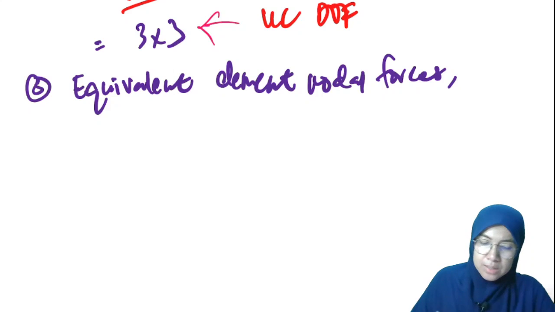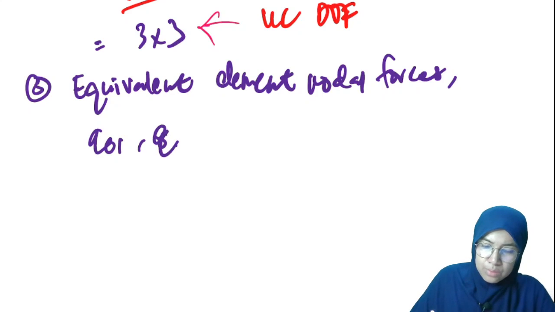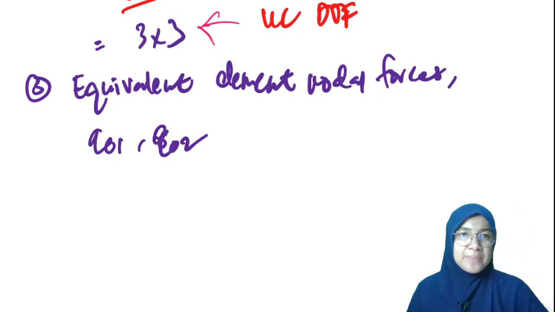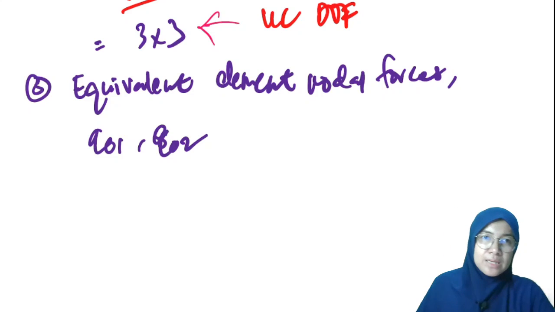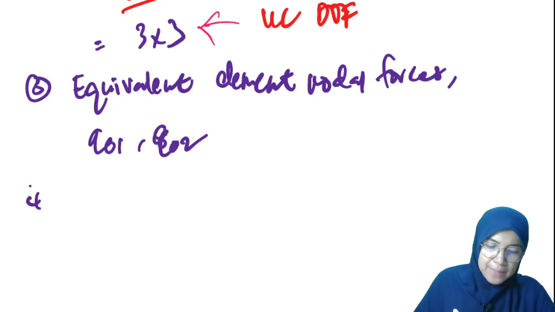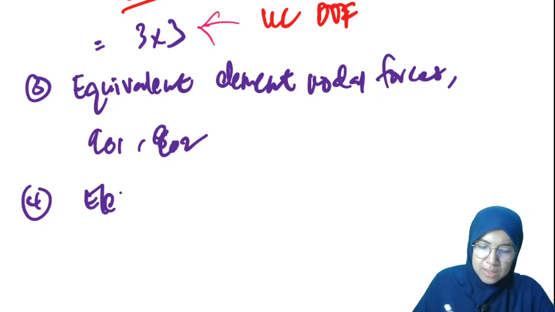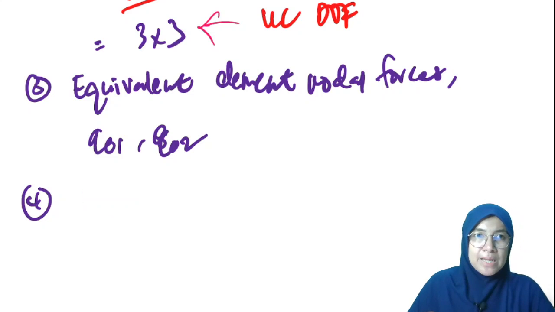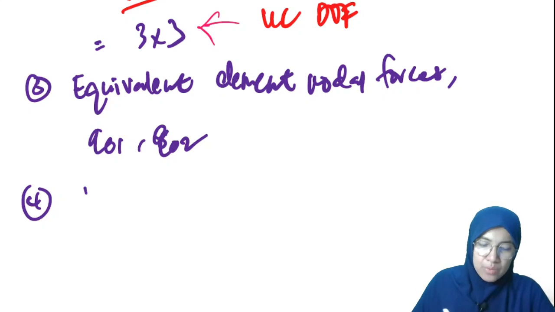This one is Q1, Q01, and Q02. The small letter is for the element, and the capital letter is for the structure. After we have determined q naught 1, q naught 2 for the element, we have to establish the equivalent nodal forces as well.